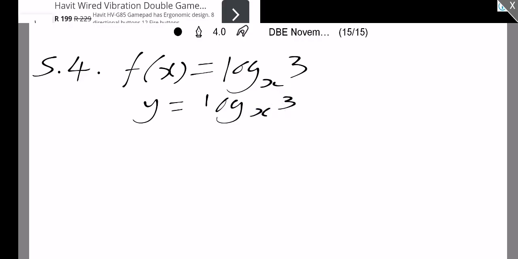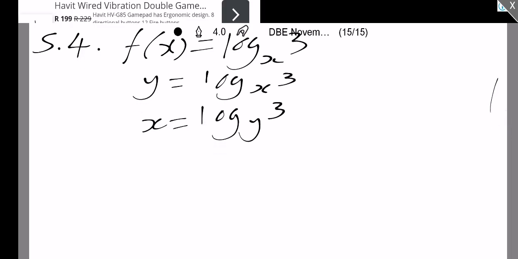Now what you do with inverse functions, you just swap x and y. So that means we're going to have x equals log base y of 3. Then remember, they said we've got to make y the subject of the formula, write it in terms of y.